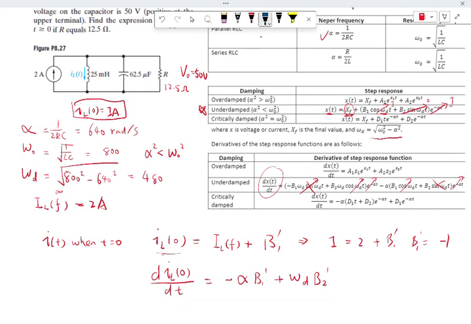Now the challenging part is how much is this? What is diL/dt?